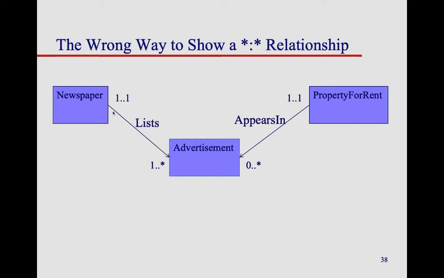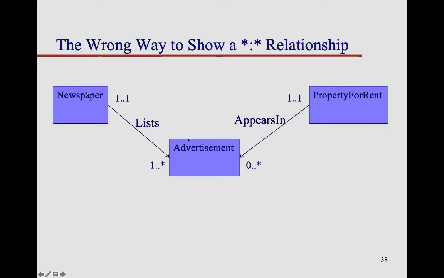Now again, oftentimes you will get tricked into thinking that a many-to-many relationship is an entity. It is not. So this is the wrong way to show a many-to-many relationship in an ER diagram. You will be tempted to think that an advertisement, because it has attributes and is a relation, is an entity.